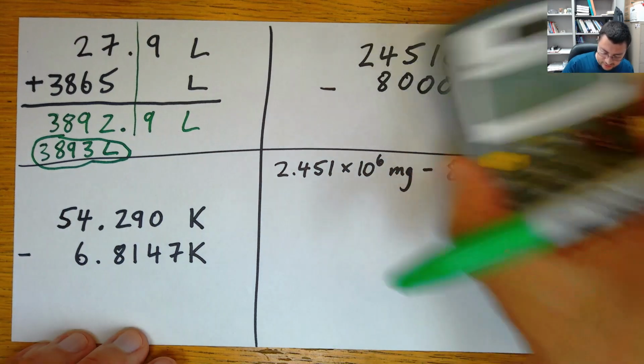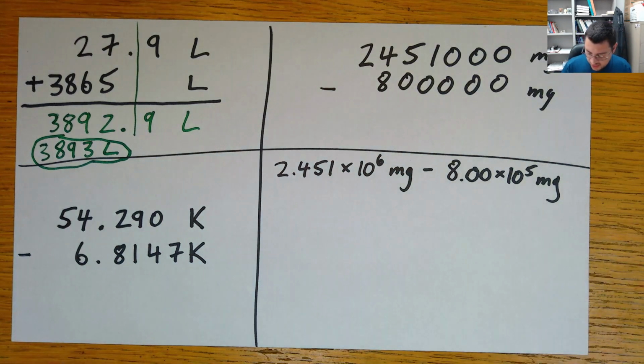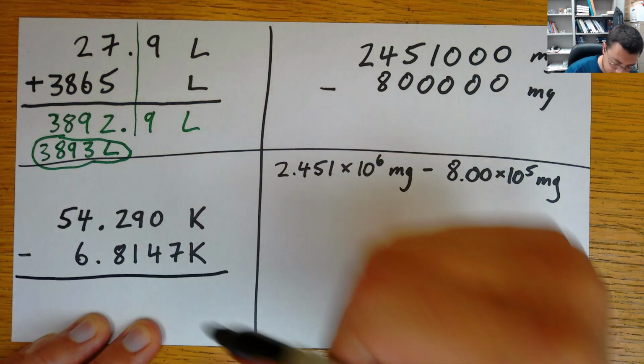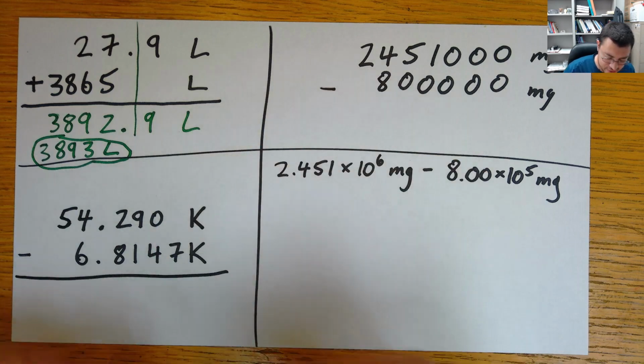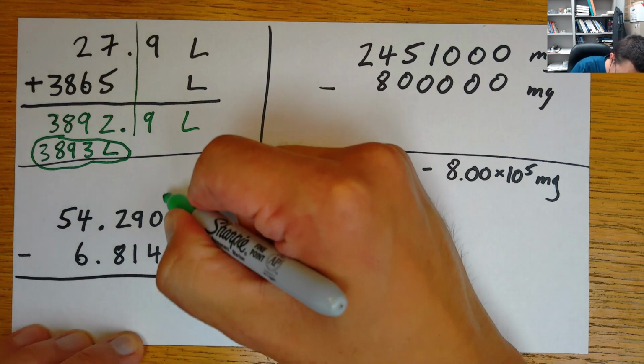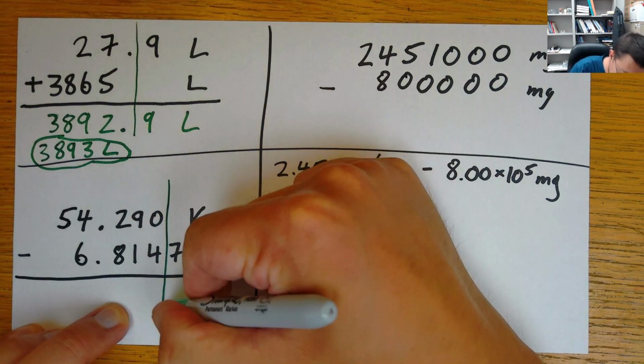All right, let's do the next one. Here we have a subtraction, but the same rules apply. Okay. Oh, I said I was going to use green. Oh, whatever. I'm going to draw my line here. Okay.